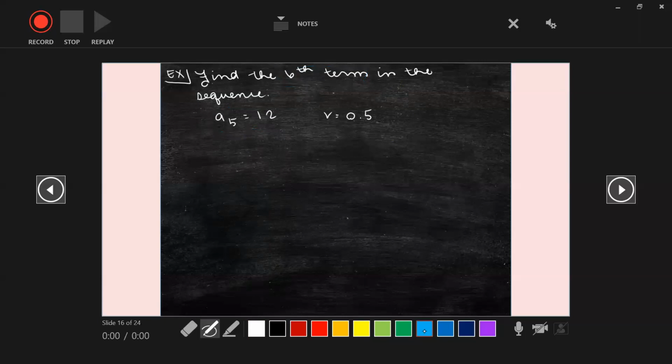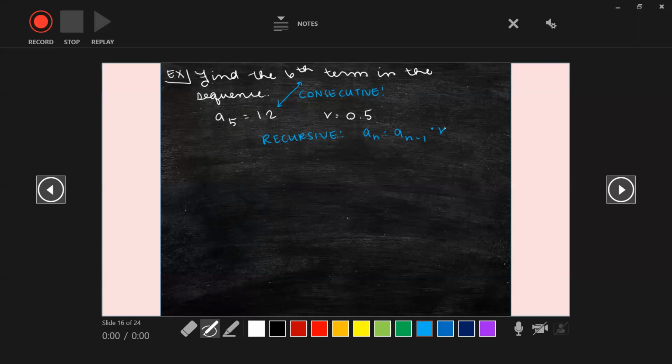So since we have consecutive terms, I'm going to use a recursive formula. What is my recursive formula, anyone? A sub n equals a sub n minus 1 times r.